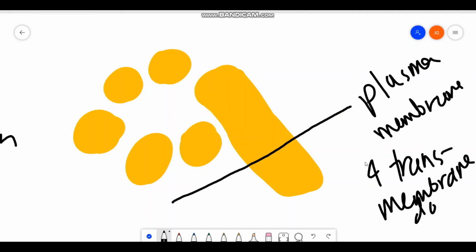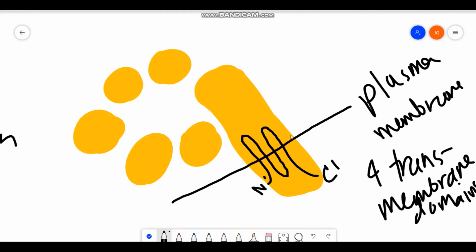I don't know exactly how deeply you're going to need to know this for your class, but I think it's good to know. Again, remembering our high school biology, you have your N terminus, which is one end of the protein, and it's going to cross through 4 times. 1, 2, 3, 4. 4 transmembrane domains.